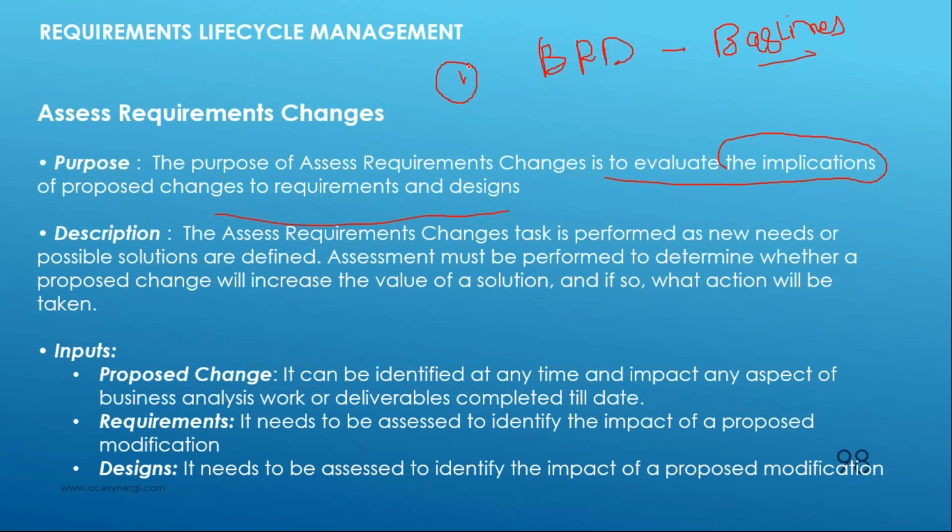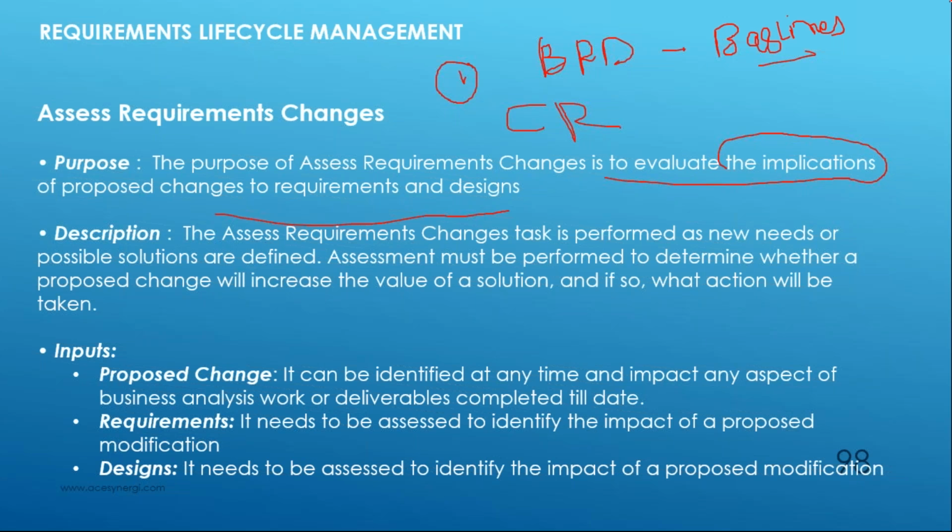It will be very formal in a predictive approach, but not that formal when we talk about adaptive approaches. But in both scenarios, whenever a new change is requested, we generally use a very short term for that, CR, change request. So you would have to evaluate the implications. That implication is sometimes also referred to with another term, which is impact analysis.